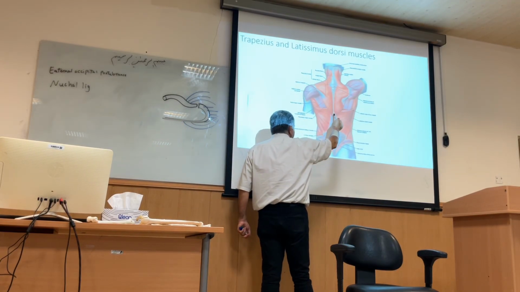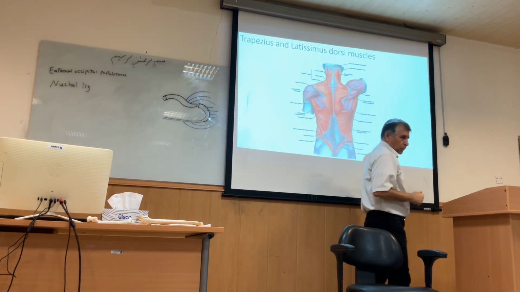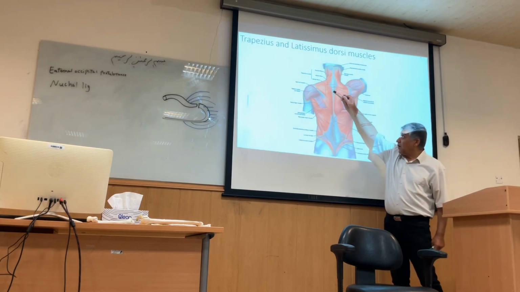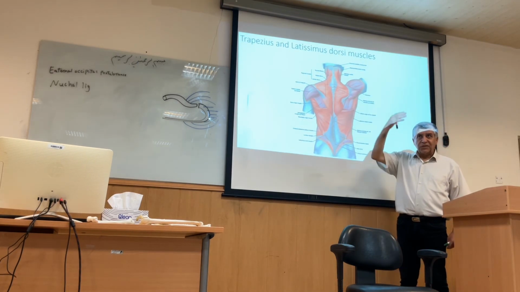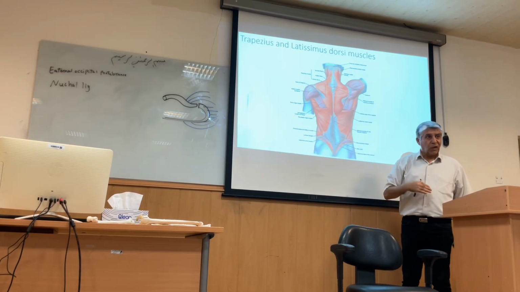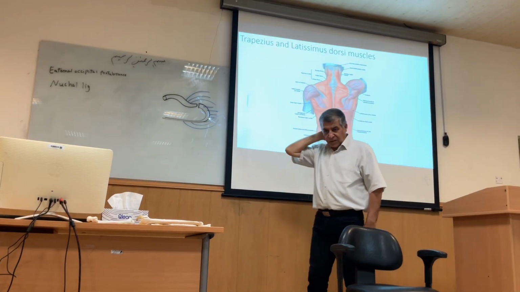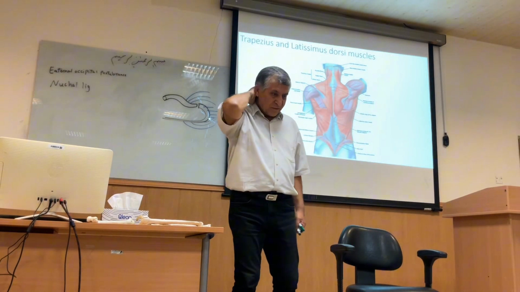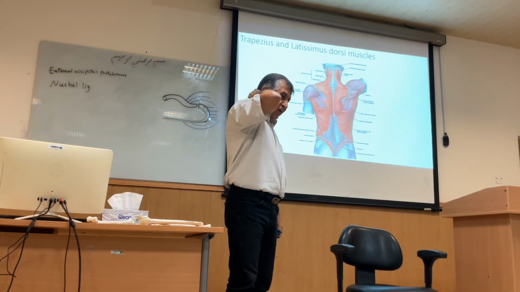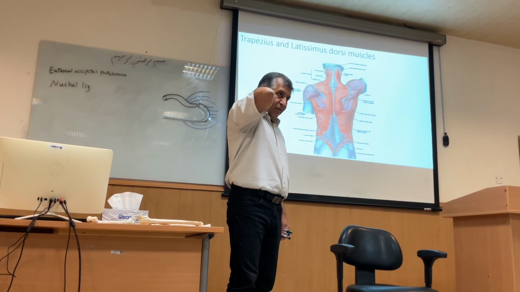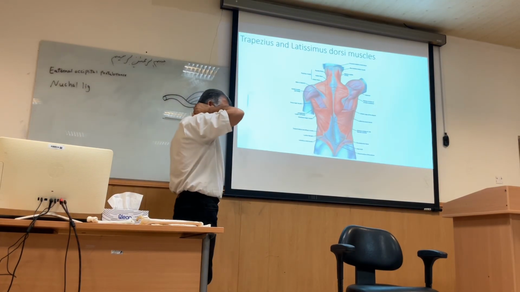All spinous processes of the thoracic vertebrae, T1 to T12, are origin of trapezius. Touch the posterior of the neck. We cannot touch a spinous process there because it is covered by the nuchal ligament.